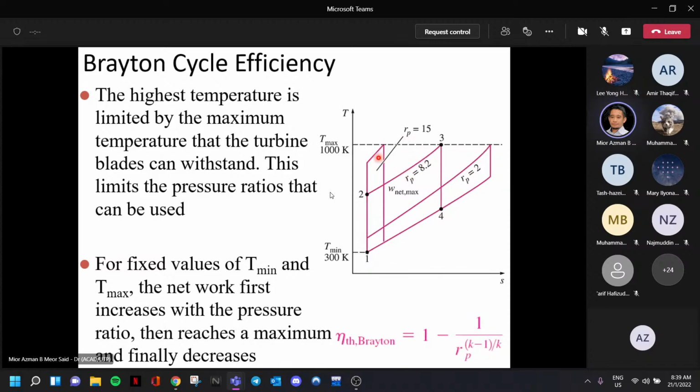But if you increase it more, sometimes the net work will decrease. Right, so it's not certain that if you increase the pressure ratio, your thermal efficiency will go up. In some cases, from 2 to 8.2, it will increase, but after that it will decrease. So that's the pattern of this.